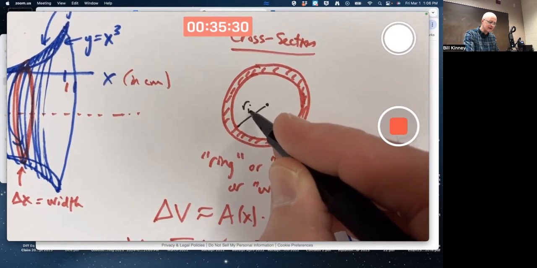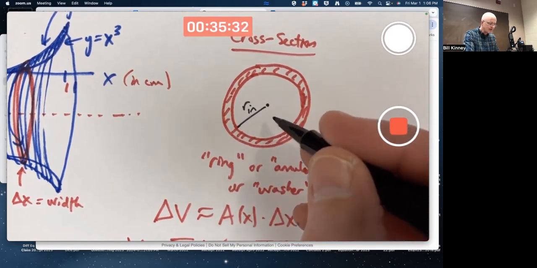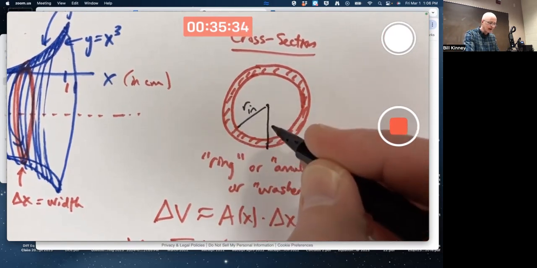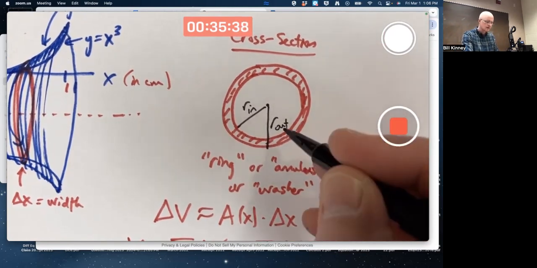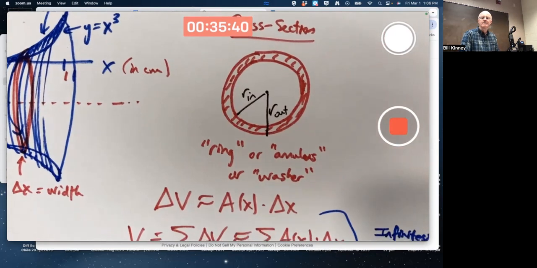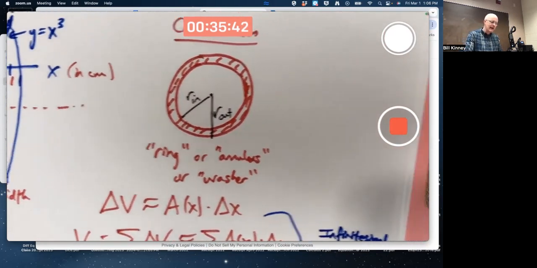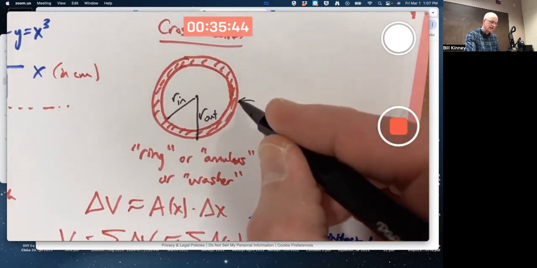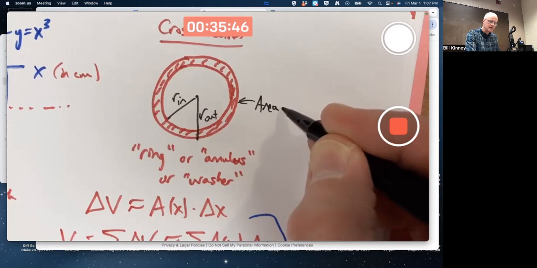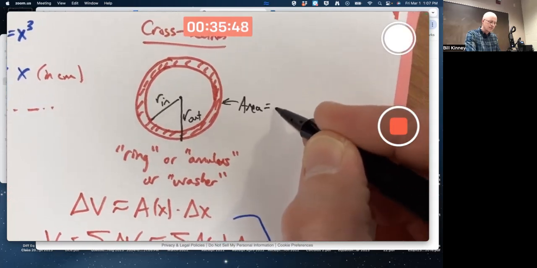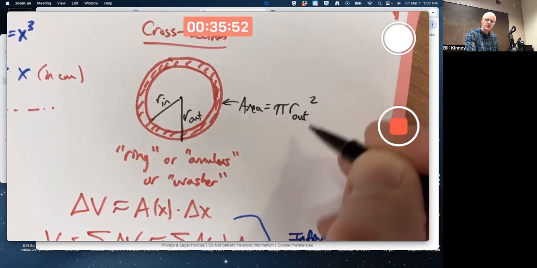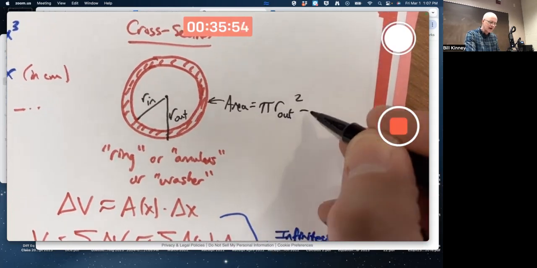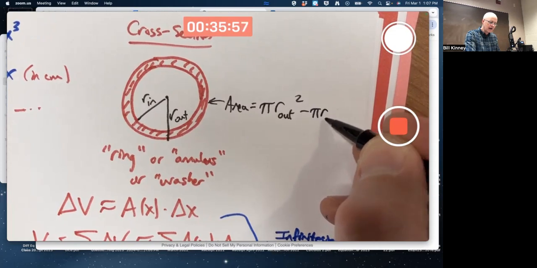You could call the radius of the inner one R in for inner circle, and the radius of the outer one R out for outer circle. And the area of the cross section would be the area of the outer circle, pi R out squared, minus the area of the inner circle, pi R in squared.